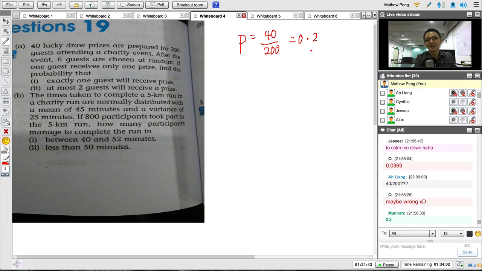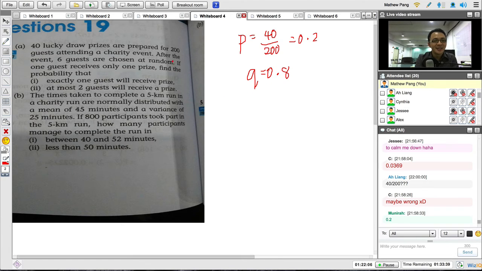That means out of 10 people, 2 will get the lucky draw. So q will be 0.8.